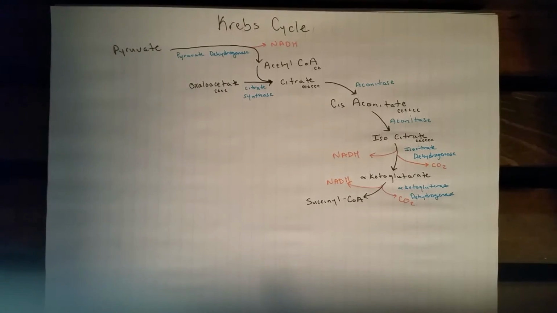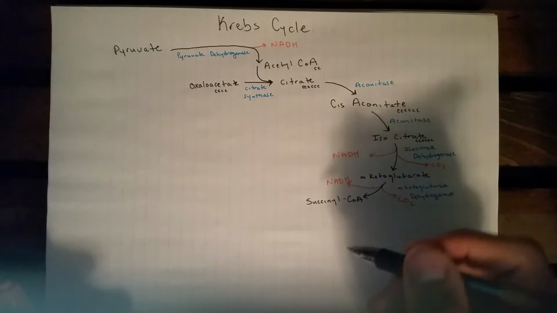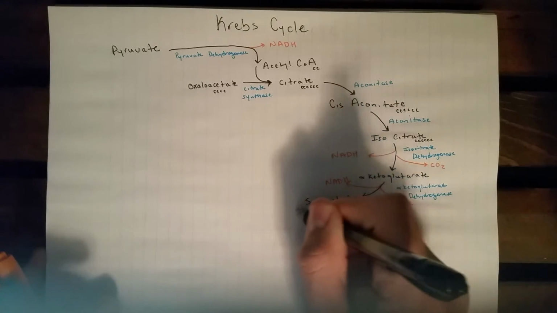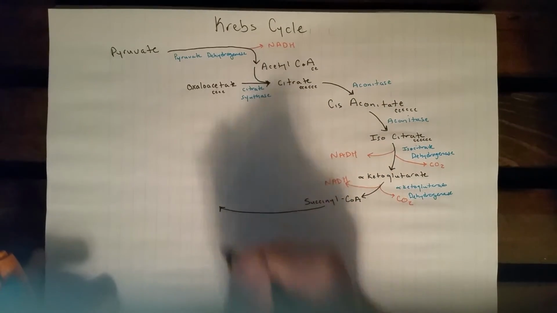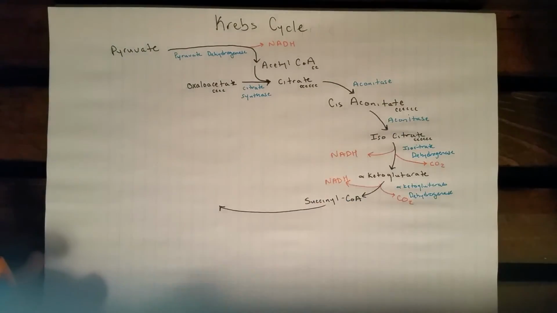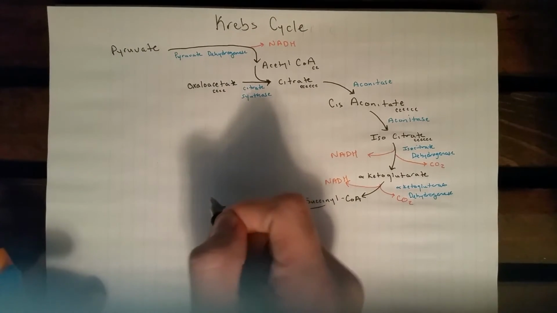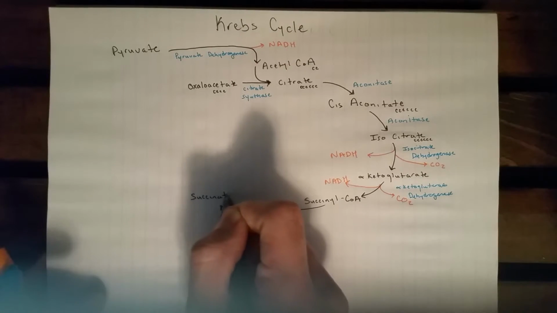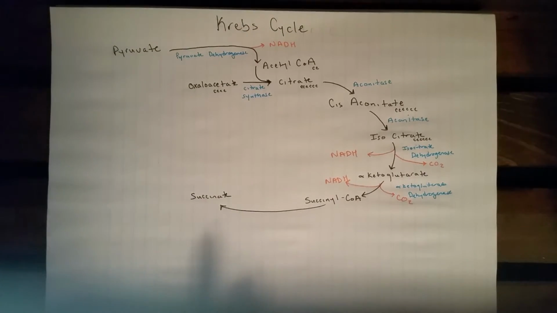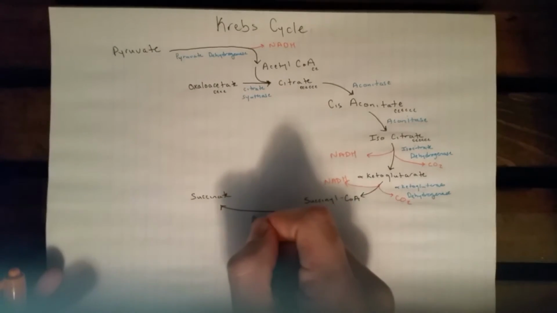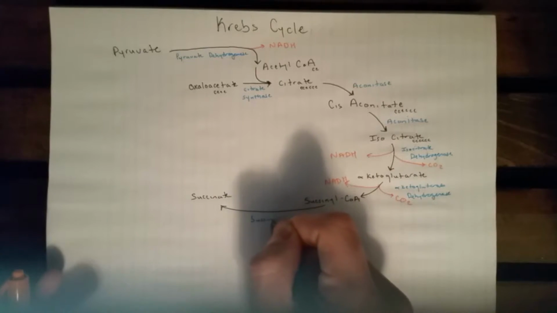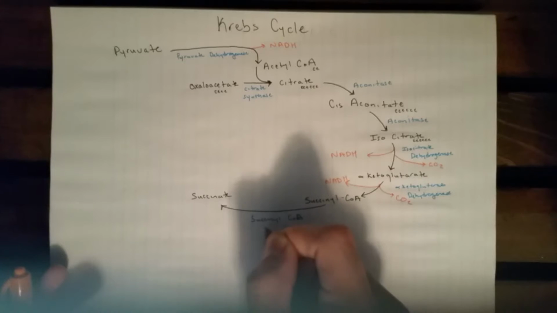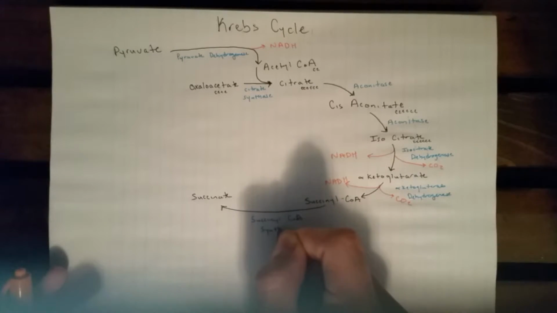And from succinyl, we're gonna extend this a little bit to try to make this circle an actual oval circle thing here. So from succinyl CoA, we go to just a normal succinate, and this is by a succinyl CoA synthetase.